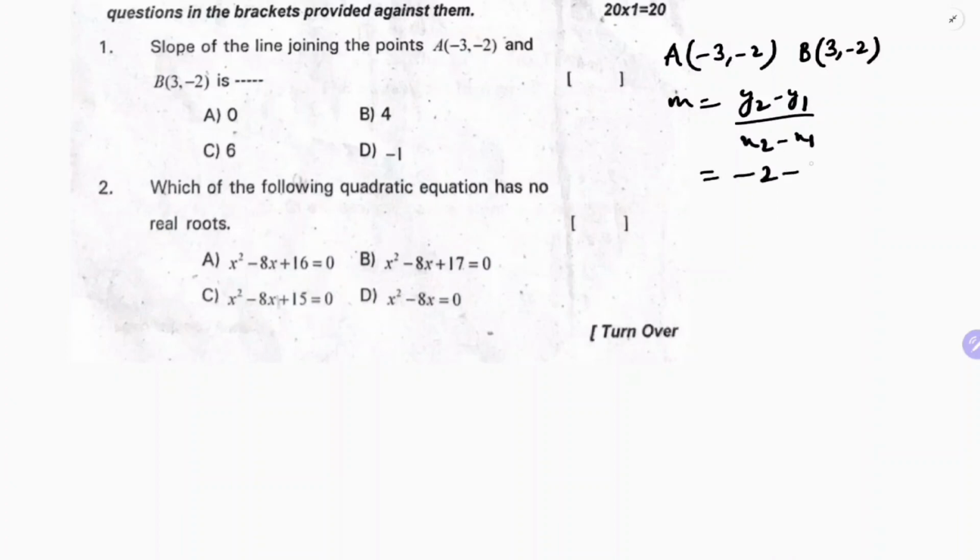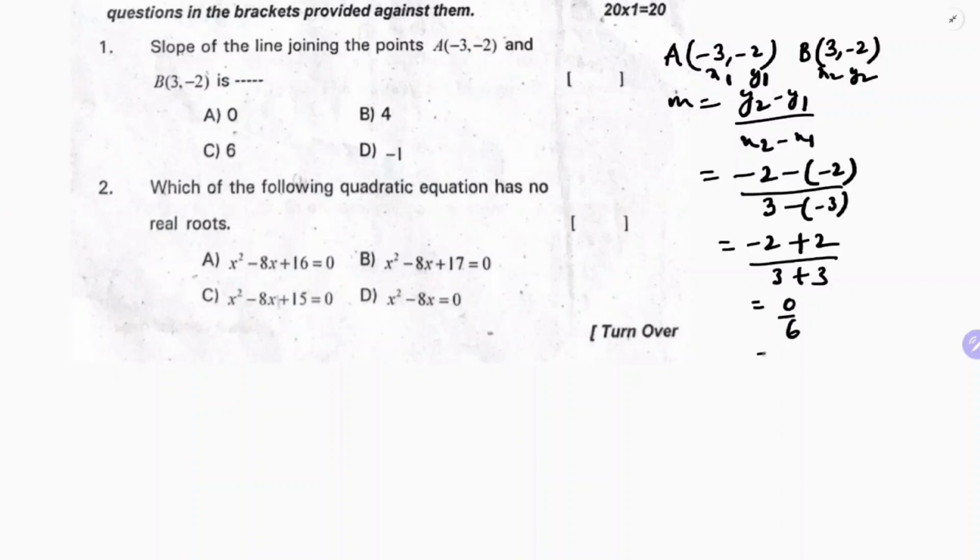So minus 2 minus of minus 2, by 3 minus of minus 3. In the numerator, minus 2 plus 2, by 3 plus 3. So 0 by 6, which is nothing but 0. So the correct option is A.